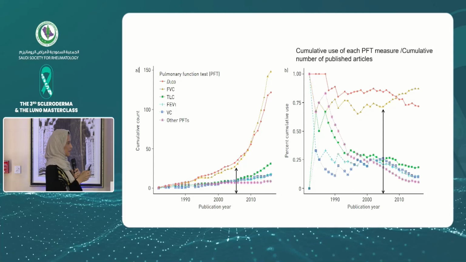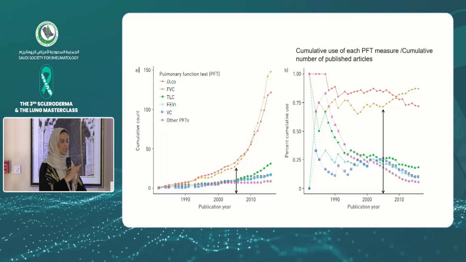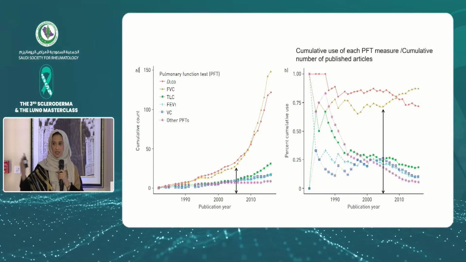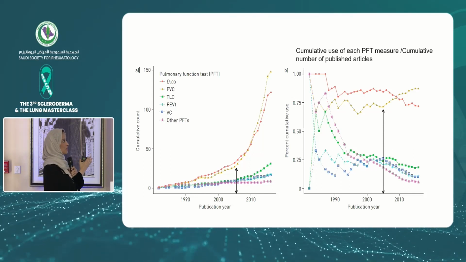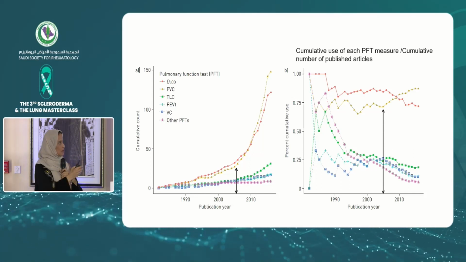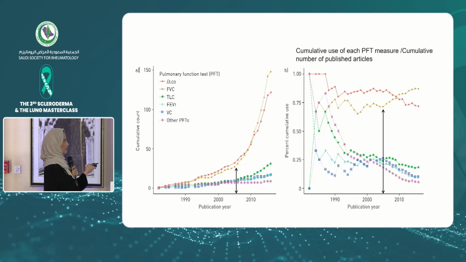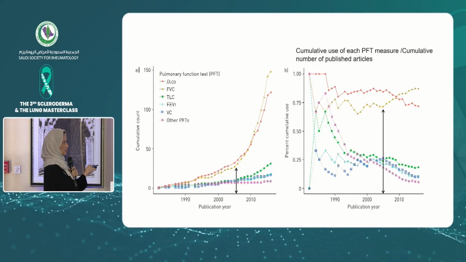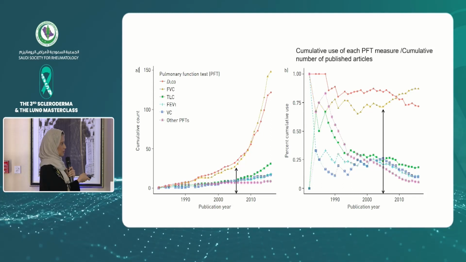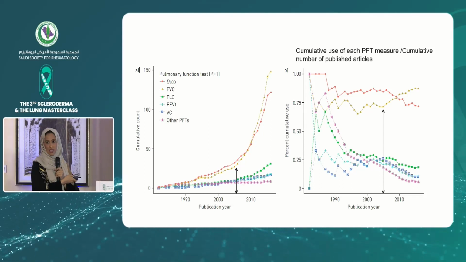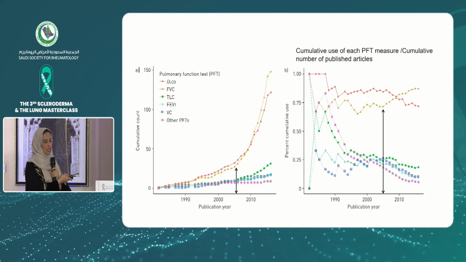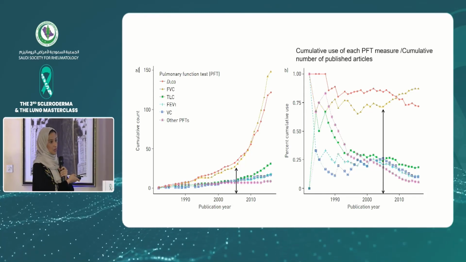This is a nice graph summarizing the SSc-ILD trials in the last years, and it evaluated which PFT parameters have been used: DLCO, FVC, TLC. These are the ones I'm interested in. If you look here, initially the DLCO was the primary outcome of CTD-ILD and in particular SSc-ILD trials.